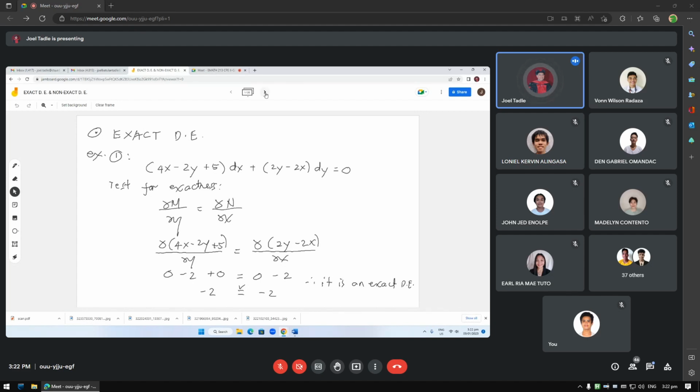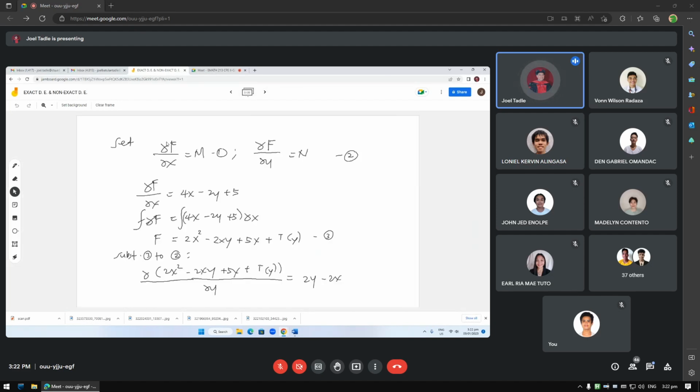So, arita sa first method, atong i-set nga atong partial derivative of f with respect to x is equal to M. Then the partial derivative of f with respect to y is equal to N. So from equation number 1, kung atong i-substitute ang 4x minus 2y plus 5 for M, na atong i-cross multiply ang partial derivative of x, ato na siyang ma-integrate both sides, no? Then makadetermine ta sa atong f.